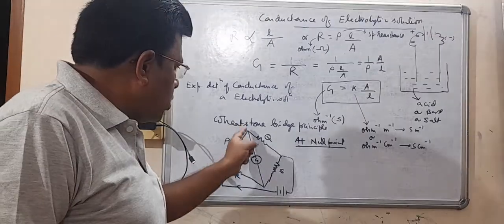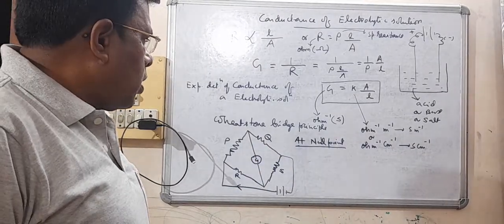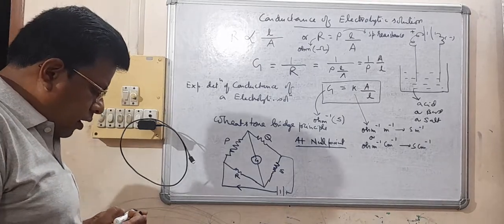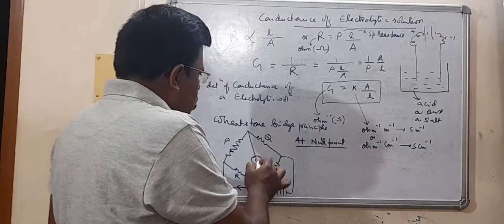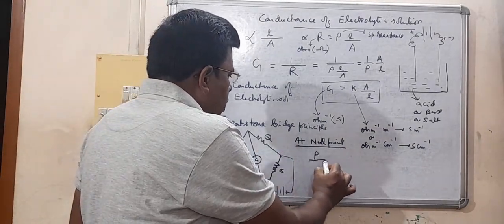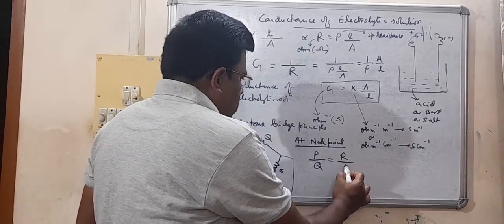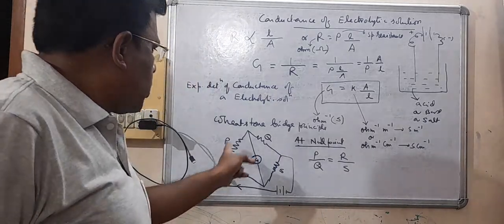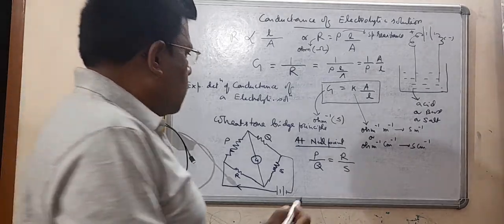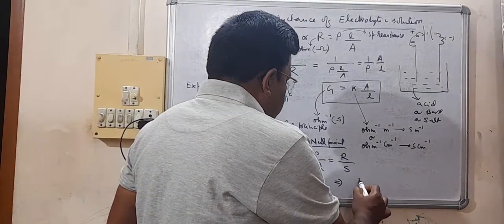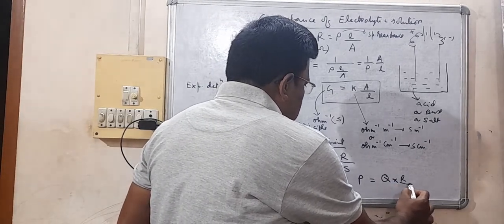And at null point, a relation is developed that we can prove. Now we are not going to prove it here. It can be shown that at null point, P by Q is equal to R by S. So this is a relationship between these 4 resistors. So from here we can have P is equal to Q into R by S.